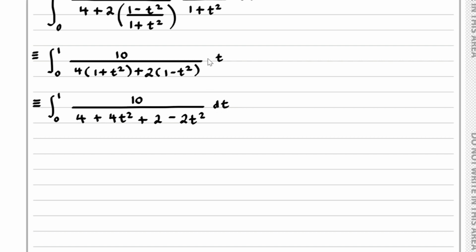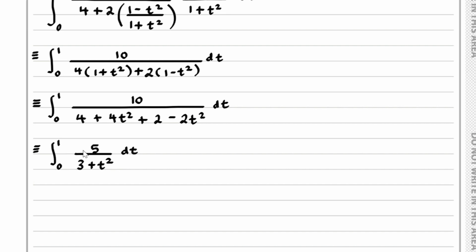And now, simplifying this even further, we've got the integral from 0 to 1 of 5 over 3 plus t squared dt.